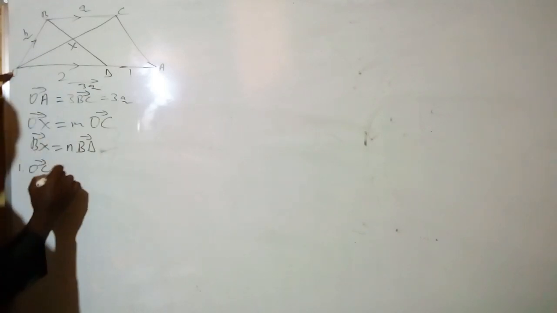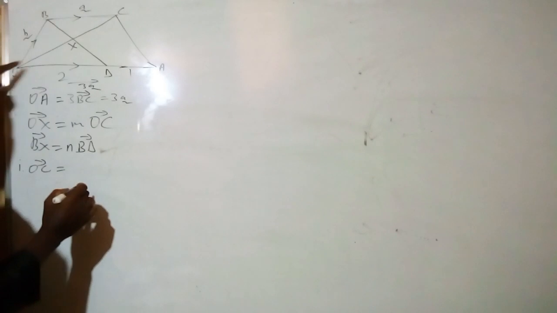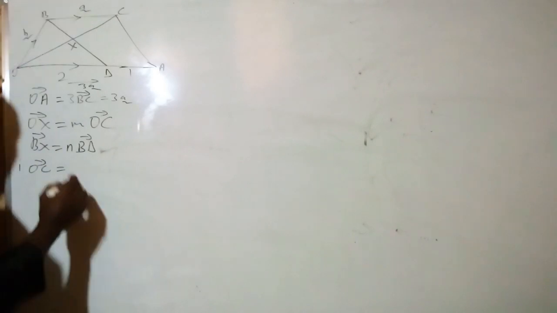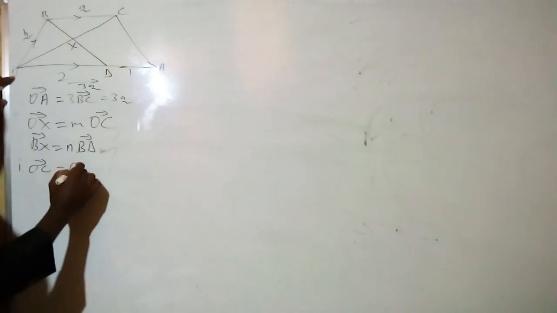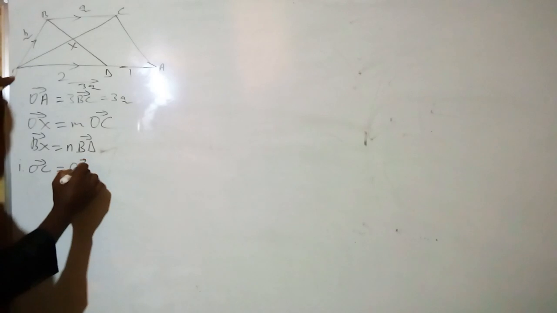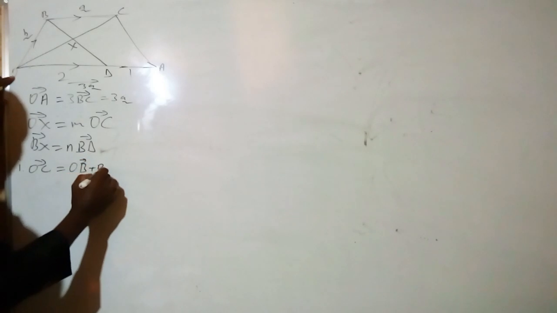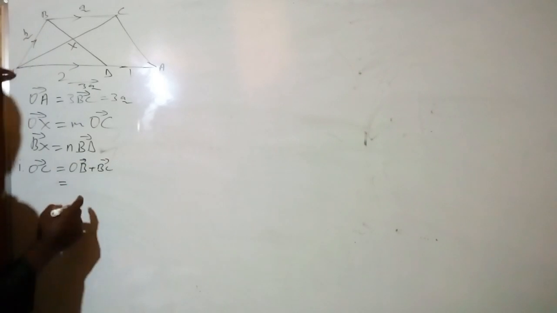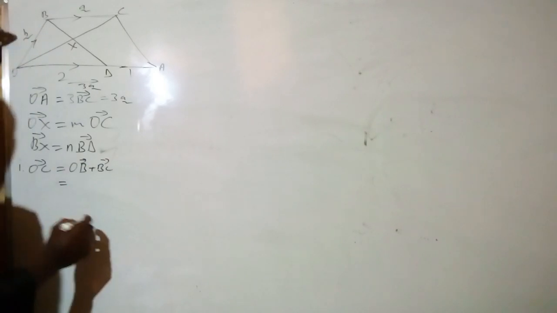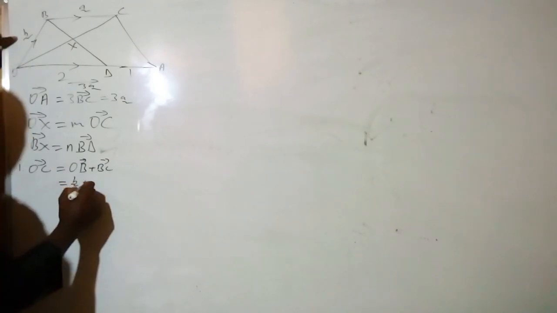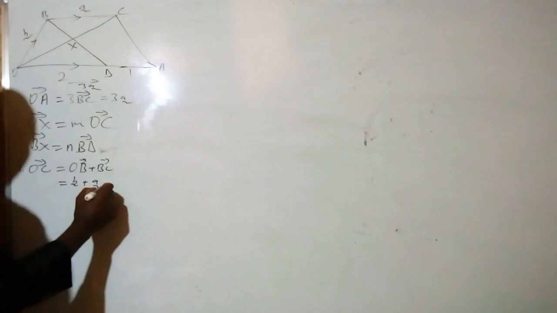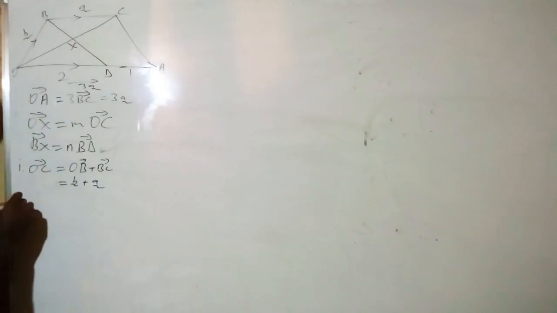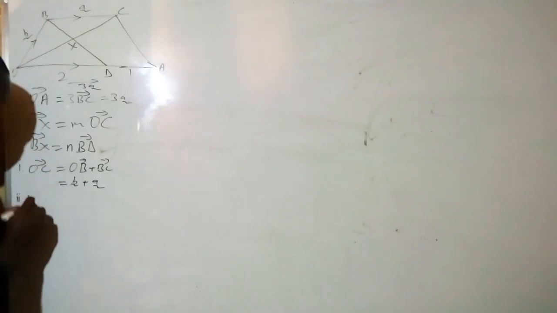OC is equal to OB plus BC, vector OB plus vector BC. OB is from O to B, positive vector B, plus BC is vector A. That is simple. 2 marks.